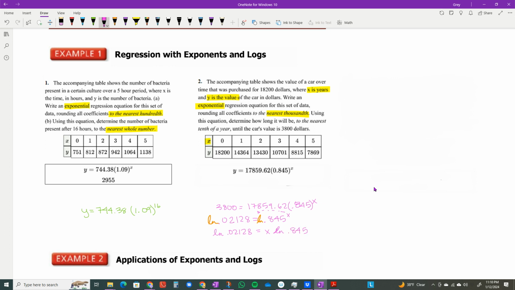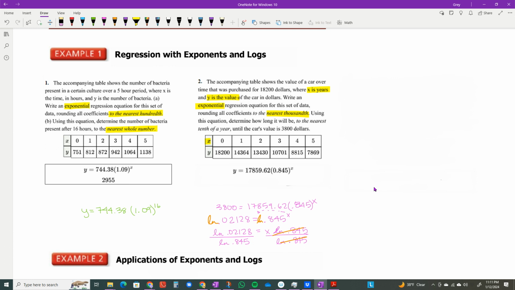So I'm going to divide both sides by ln. And y'all, this is not hard. I promise you, when people make mistakes, it's only because they're skipping steps. So if you just follow the steps, I don't think you'll have any trouble with it. Okay? Punch that in the calculator. Make sure that you can get the right answer, which when you put that in, you're going to get 9.188.